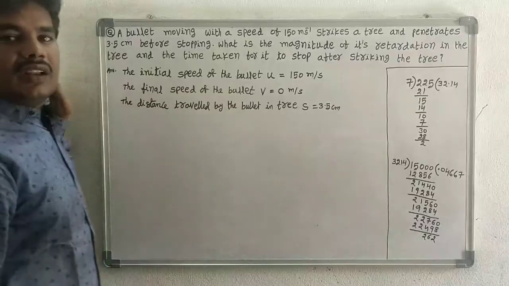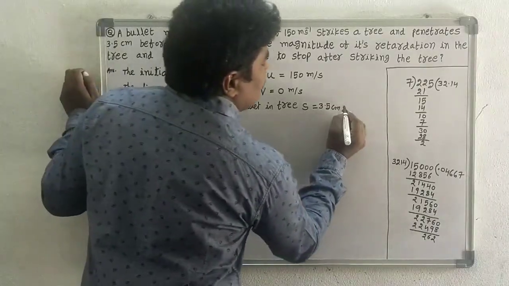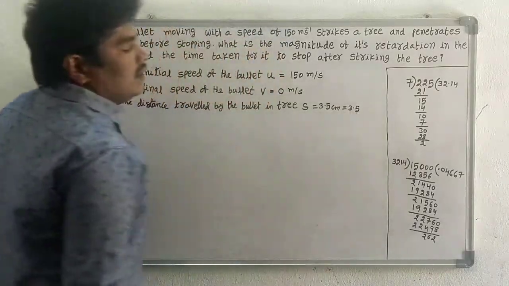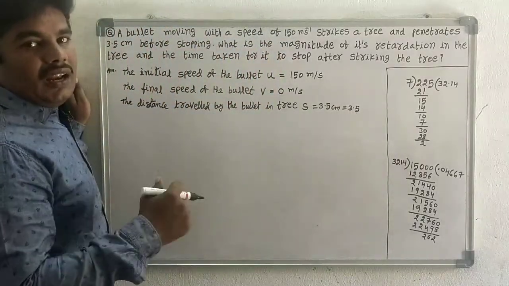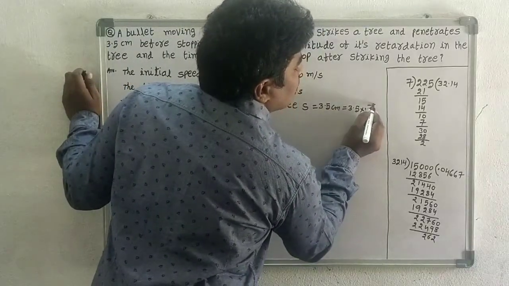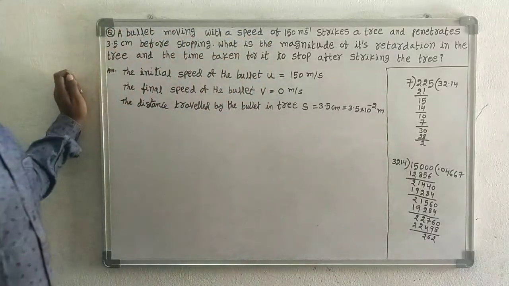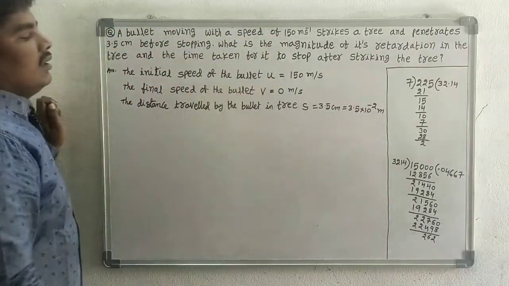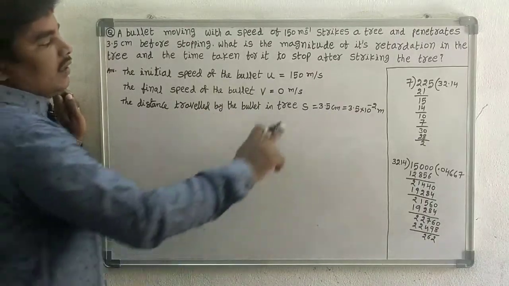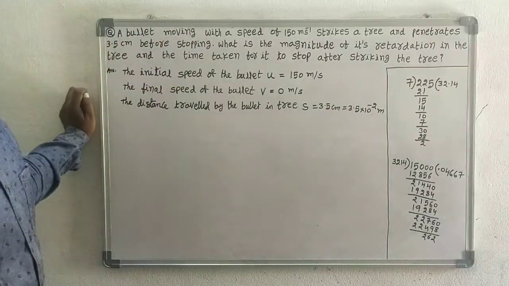But that centimeter is a CGS unit. We have to convert it into SI unit. In SI unit we get 3.5 by 100. That 100 in the denominator gives 10 to the power of minus 2 meters. So that is the distance traveled by the bullet in the tree: 3.5 into 10 to the power of minus 2 meters.